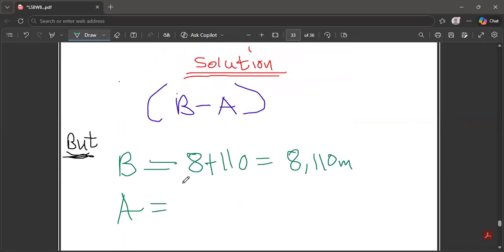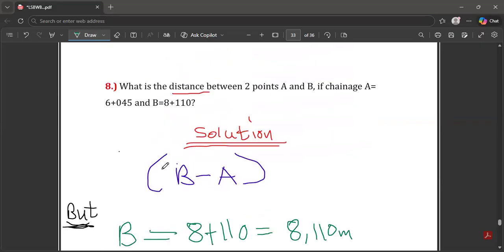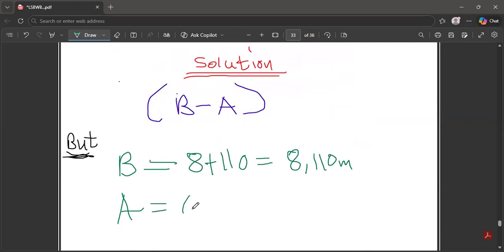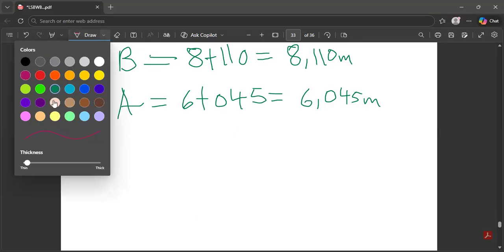This Chainage A is also equal to 6 plus 045. So this in the form of meters is going to be 6,045 meters. Finally we can subtract to get our answer.